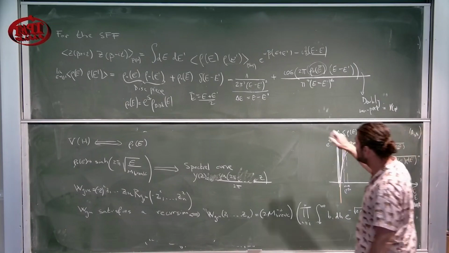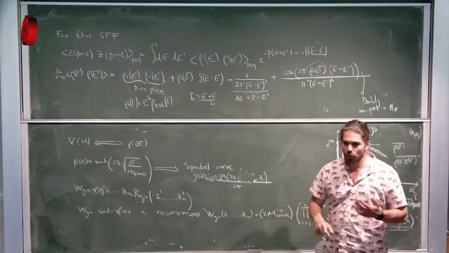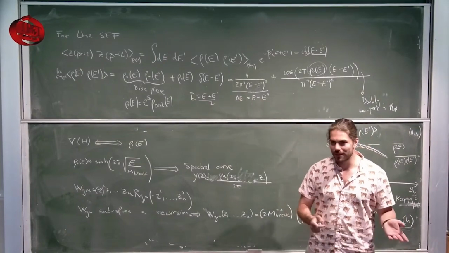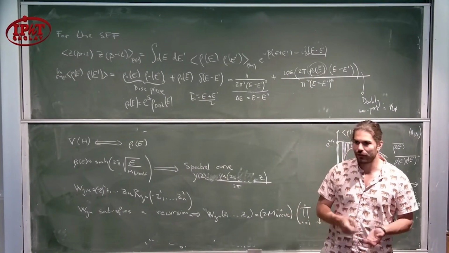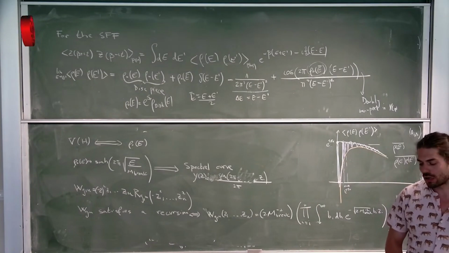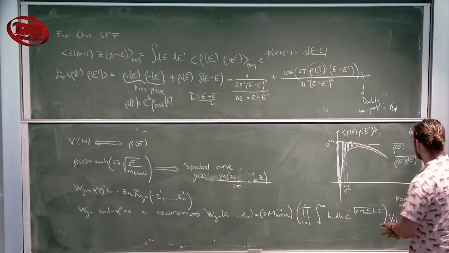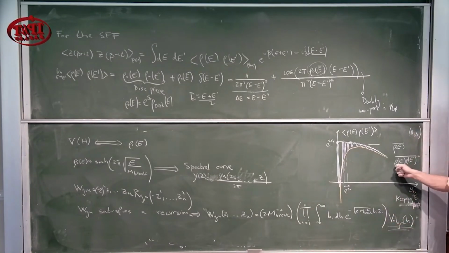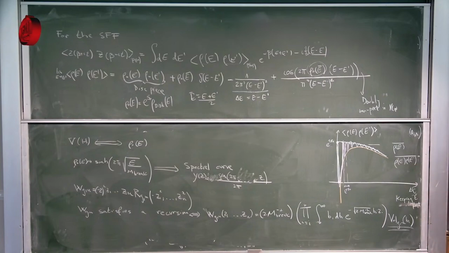But reproducing this part, I think, is doable, perhaps, if we understand better what sort of gravitational contributions we really need to include when studying this statistical object. Does that answer your question?